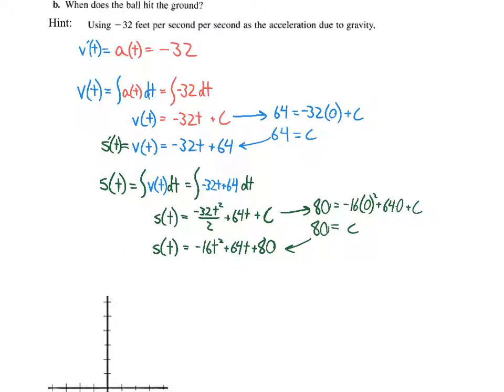And that, guys, is where we get our formula that you may have learned in the past, where you have 1/2 at squared plus v sub naught t plus, might have x sub naught or plus, in this case, s sub naught.